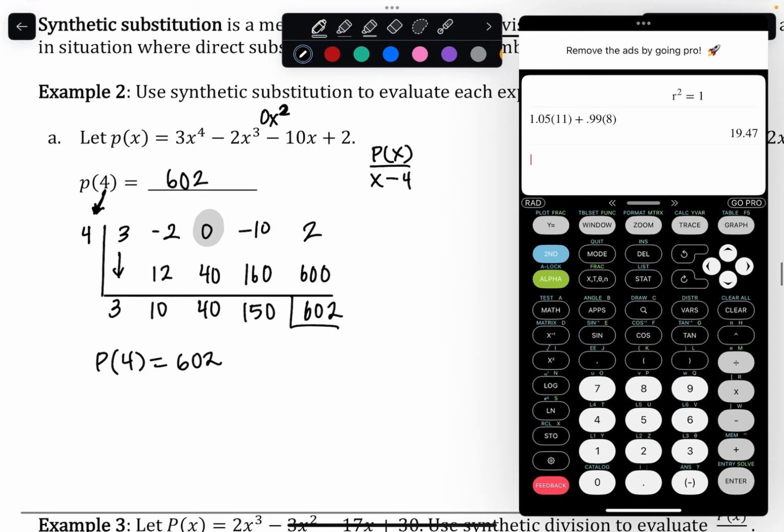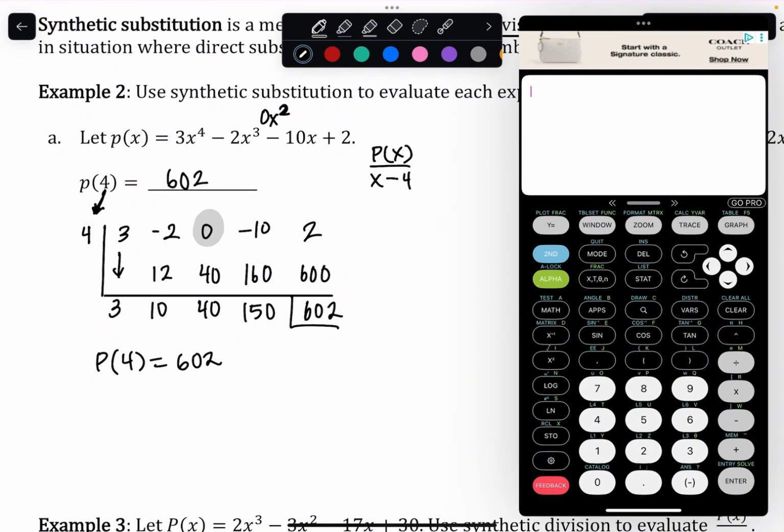If I were to plug in 4 into that function, I would have to use my parentheses and just type all this in. Minus 2 times 4 to the third minus 10 times 4 plus 2. And so we do get 602.